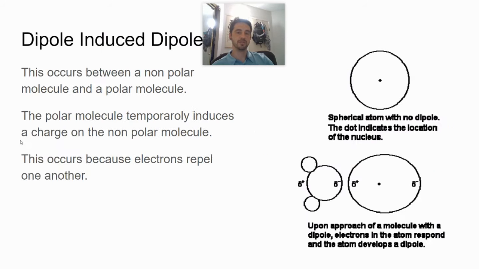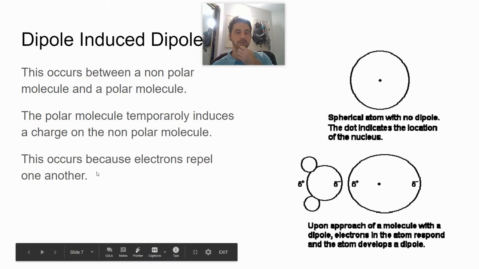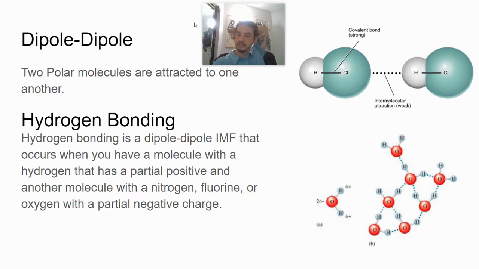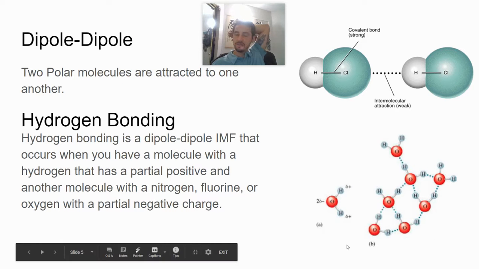But that means partial. So you have a partial positive and partial negative. So it's not a full positive, not a full negative. So that hydrogen bond, again, is between the positive hydrogen and negative oxygen.